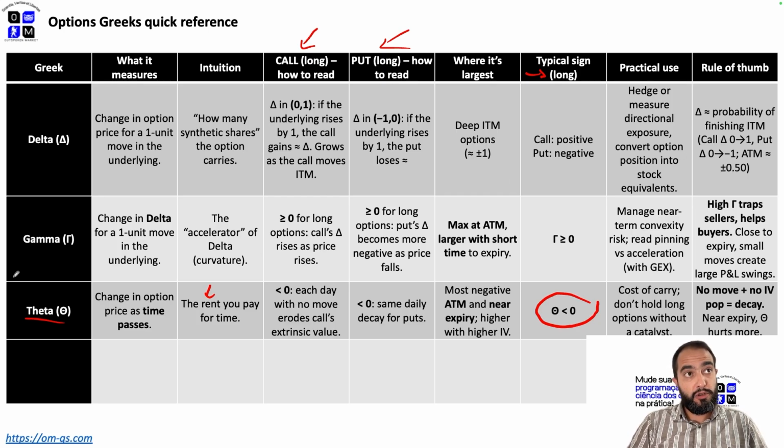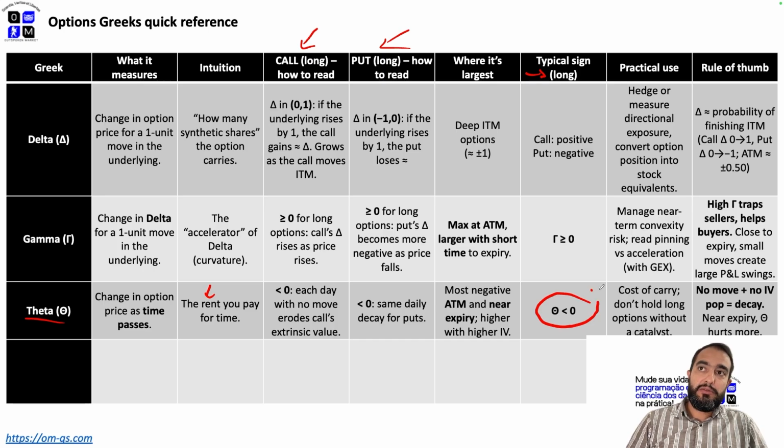So if you are in a short position, you're going to make money with the theta because you have sold options. You got the value of the option as an input in your portfolio. As time passes by, the value of the option will decay, meaning that when you buy back the option, assuming that there was no movement, you're going to buy it at a lower price, only because of the theta.